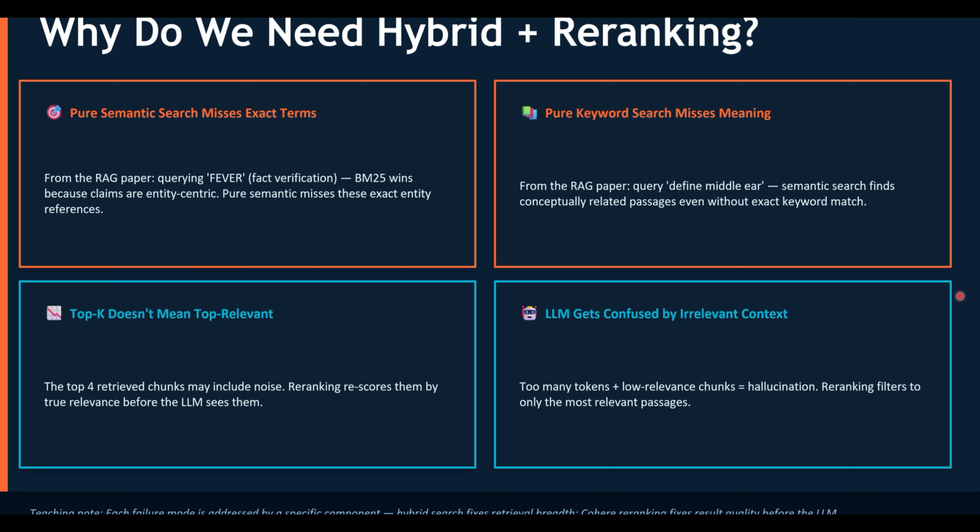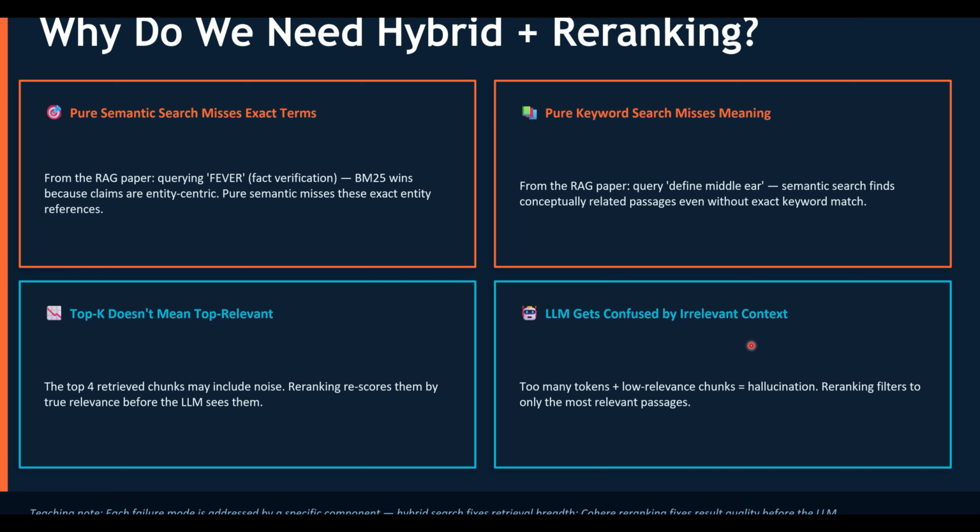This is where Cohere's re-ranking API comes in. After hybrid search returns, say, 4 documents, Cohere re-scores every document against the exact query using a cross-encoder model, which is far more precise than the original retrieval step.